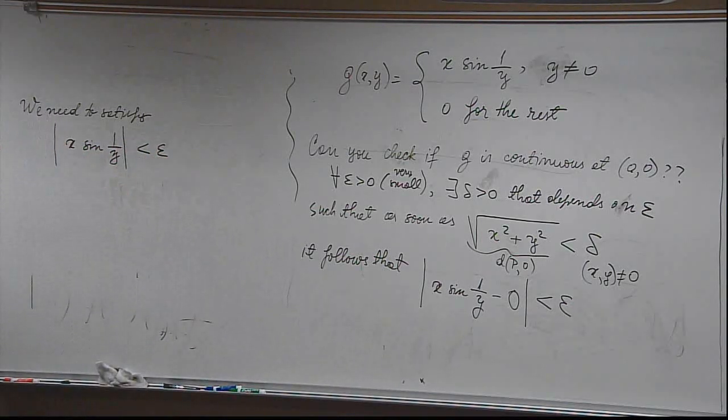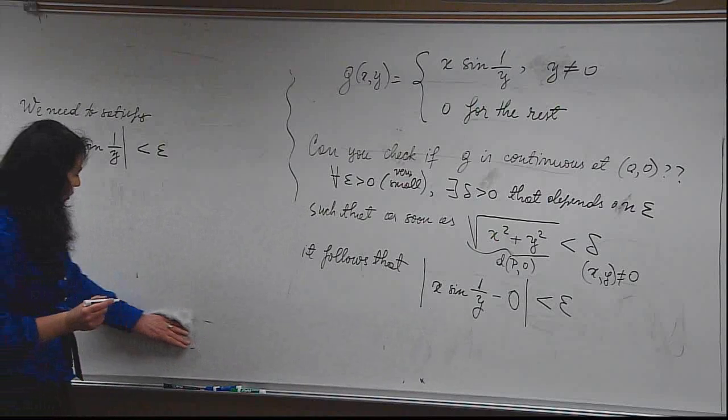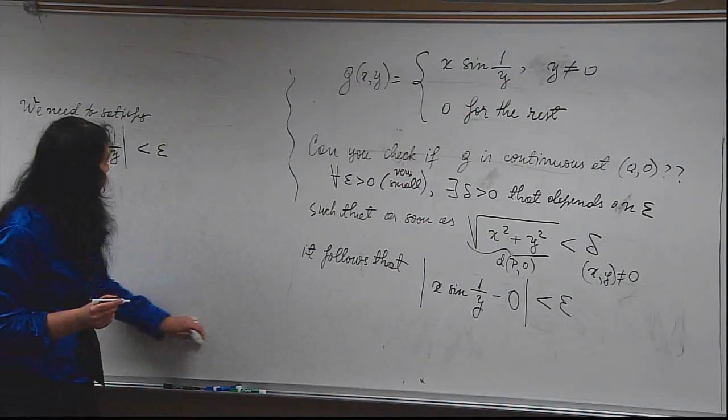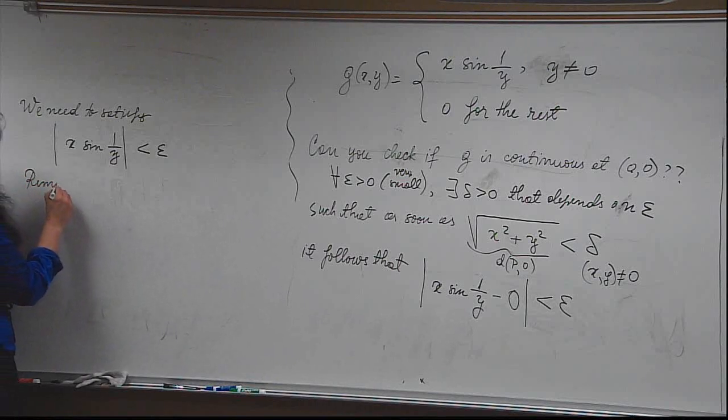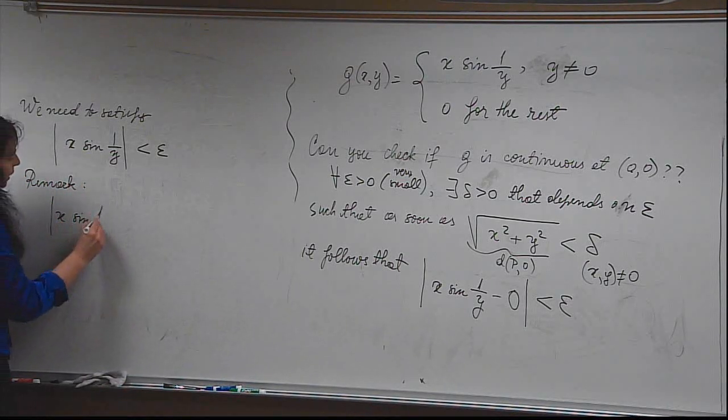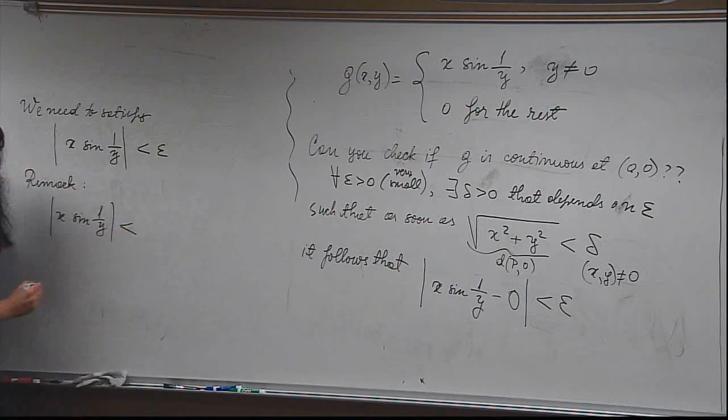Is this hard? What's your advantage here? Remark: the absolute value of x sine of 1 over y is smaller than the product of absolute values.